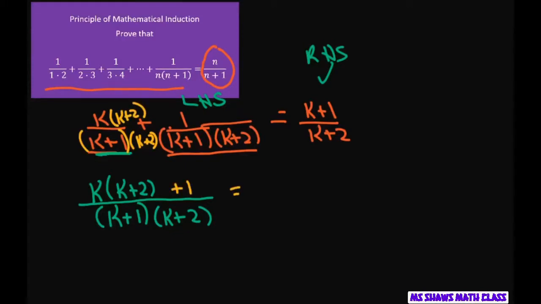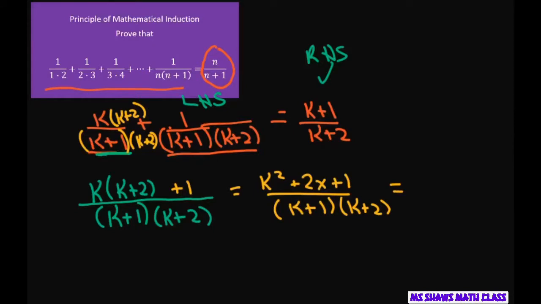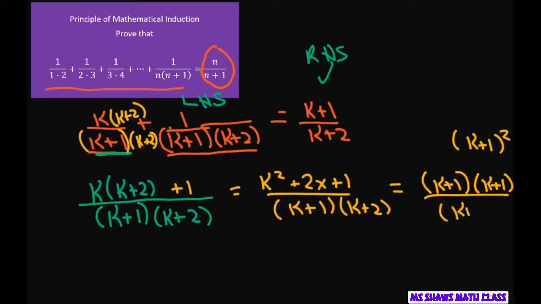Now simplifying this, we get k squared plus 2k plus 1 divided by k plus 1 times k plus 2. Now let's factor the numerator. If you factor the numerator, you get k plus 1 times k plus 1, or you could write this as k plus 1 squared, divided by k plus 1 times k plus 2.